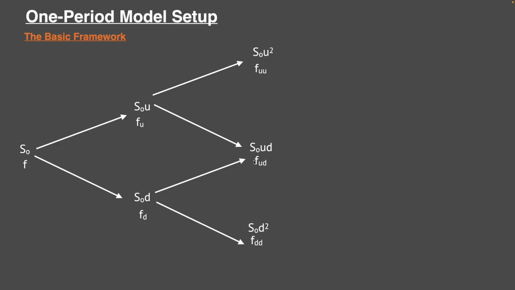When the stock price moves up, it becomes S0 into D into U. When it moves down, another D gets multiplied, so it becomes S0 into D square, and the option price becomes FDD. Here the option price will be FUD.